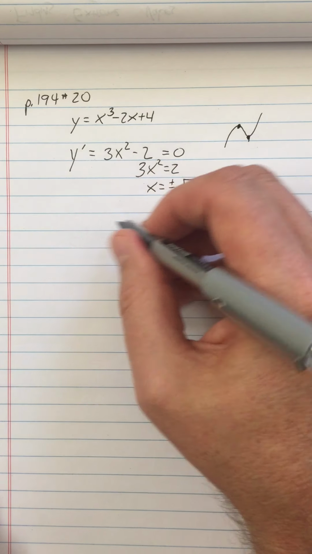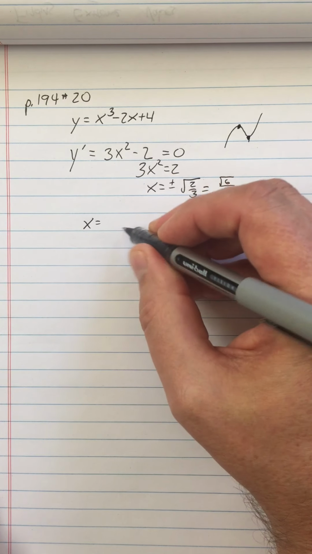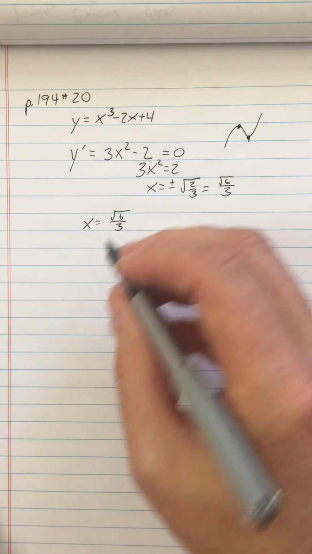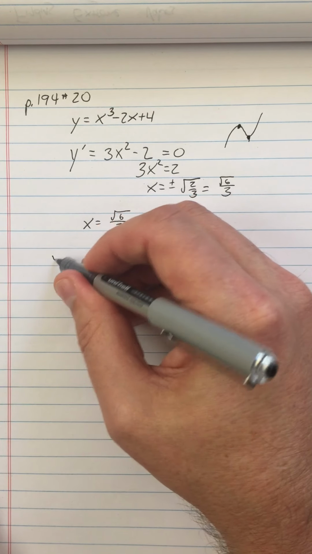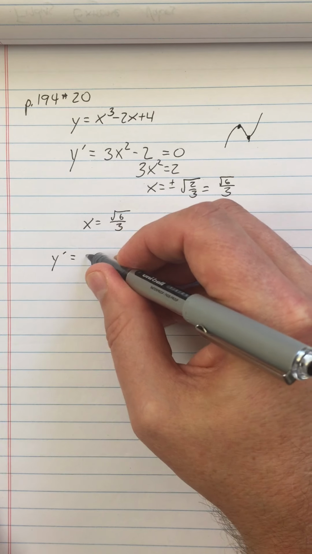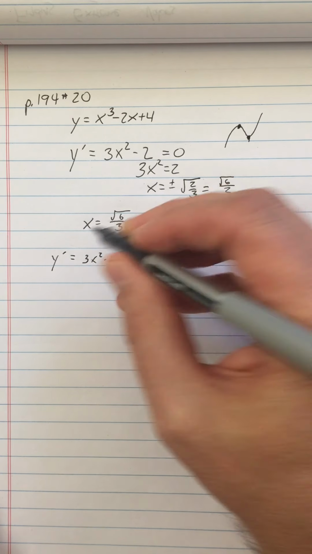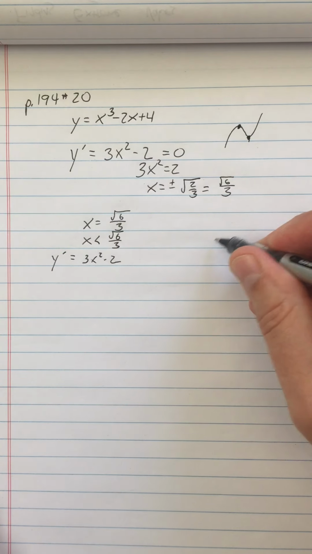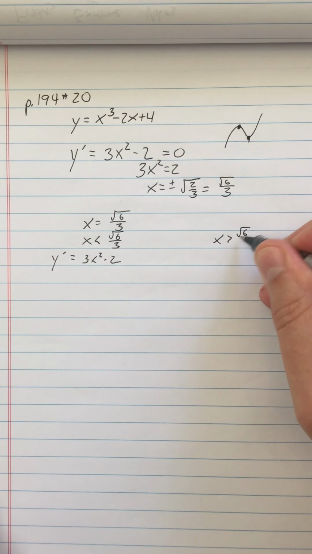All right, so let's look at our first critical point, x equals square root 6 over 3. So what happens to y prime, which is 3x squared minus 2, when x is less than square root 6 over 3? And what happens when x is greater than square root 6 over 3?